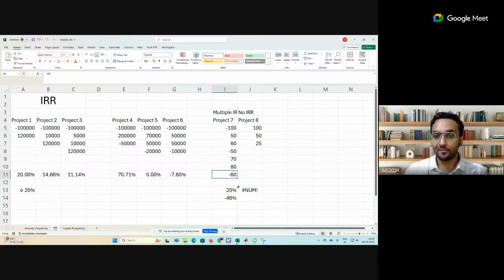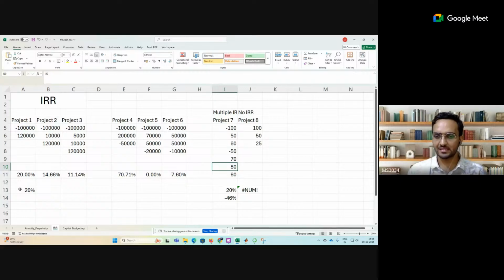Now, as I said, there may exist multiple IRRs. So when does multiple IRR exist? When you see a cash flow in which the signs of the cash flow change multiple times. For example, in this project 7, the cash flows are negative, positive, positive, negative, positive, positive. So there are multiple sign changes.